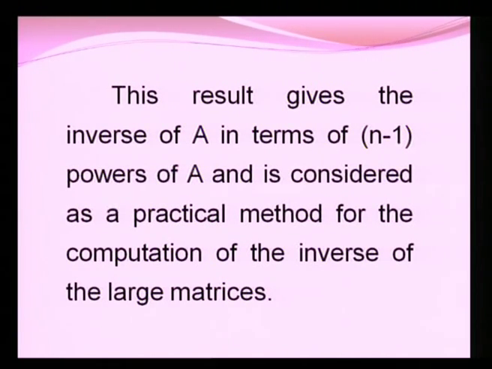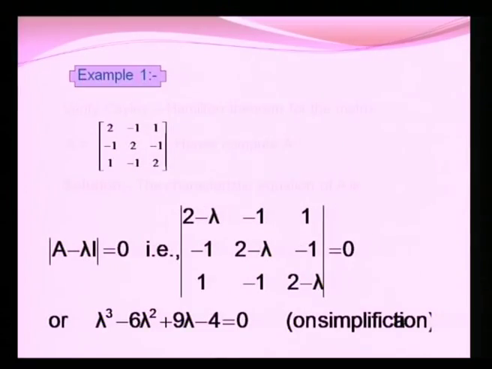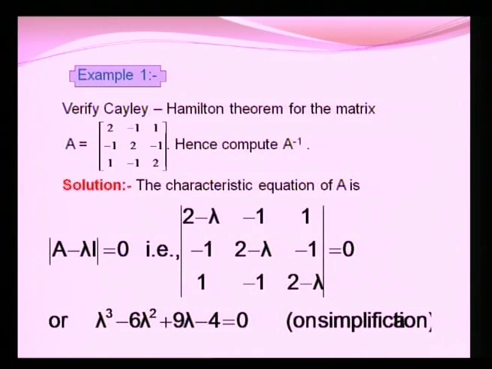So here let us look at one example of using the Cayley-Hamilton theorem. The question is: verify the Cayley-Hamilton theorem for the matrix A equal to 2 minus 1 1, minus 1 2 minus 1, 1 minus 1 2, and hence compute A inverse.